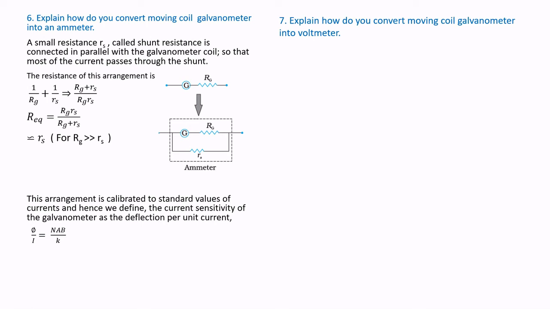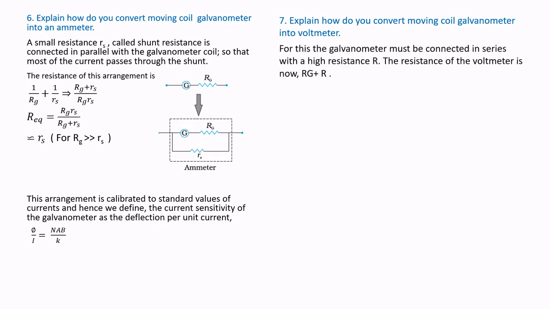Question number 7. Explain how do you convert a moving coil galvanometer into a voltmeter. Previously, we converted the galvanometer into an ammeter. In this case, we are converting it into a voltmeter to measure voltages.